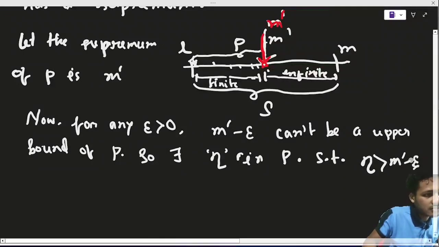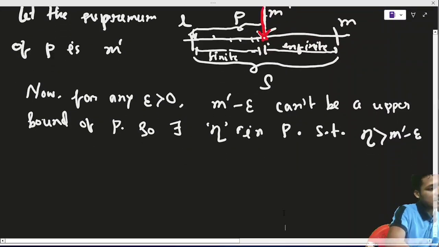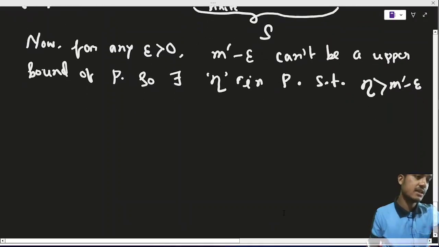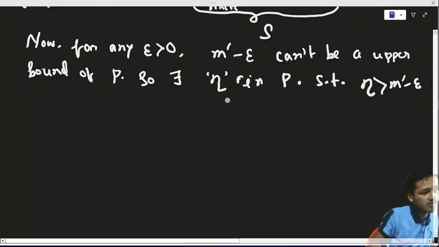Why? Because m dash minus epsilon cannot be an upper bound of P, so there exists an eta in P such that eta is greater than it. जो upper bound नहीं है, that means कोई number P में होना चाहिए जो उससे बड़ा है, right? So eta will be greater than m dash minus epsilon. ये बात है.